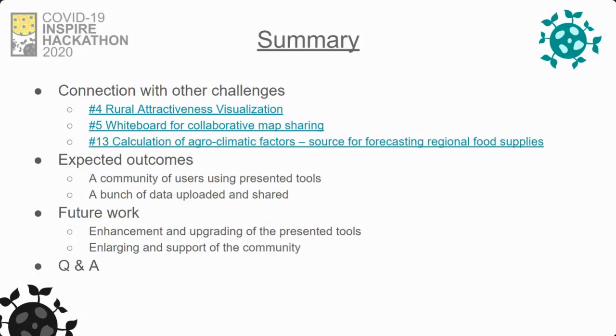So the expected outcome, not only of this challenge but of our work nowadays, is a community of users which will share the data and use the presented tools. And of course, as Carol mentioned in the very beginning, it's never-ending development. So even during the hackathon, we are working on enhancing and fixing those tools and sharing them with others.